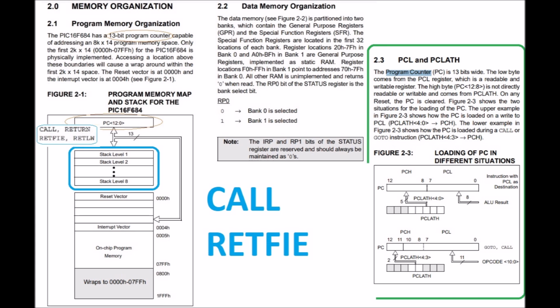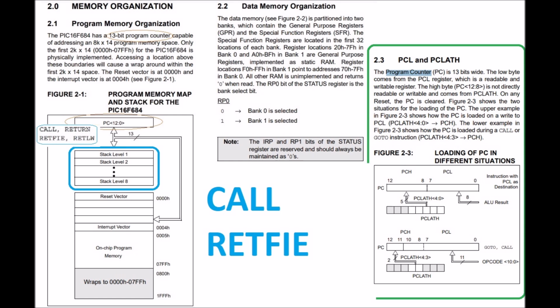Interrupt handling. When an interrupt occurs, the current program counter value is pushed onto the stack before jumping to the interrupt service routine, ISR. After the ISR completes, the retfie instruction is used to pop the address from the stack, returning execution to the point where the interrupt occurred.